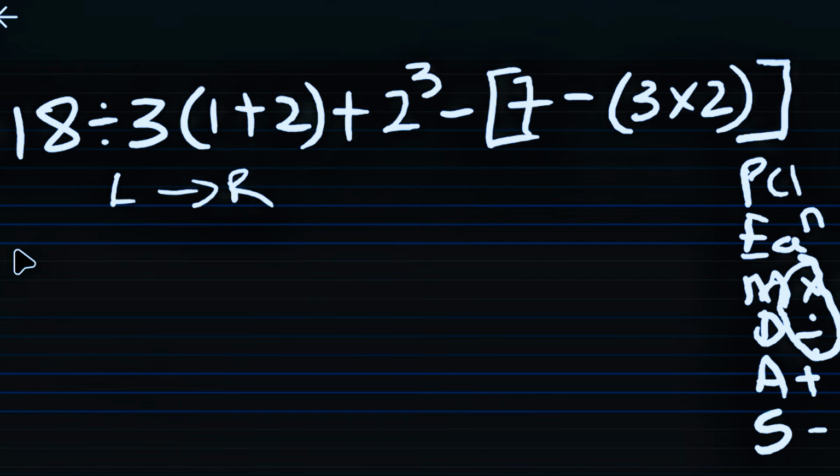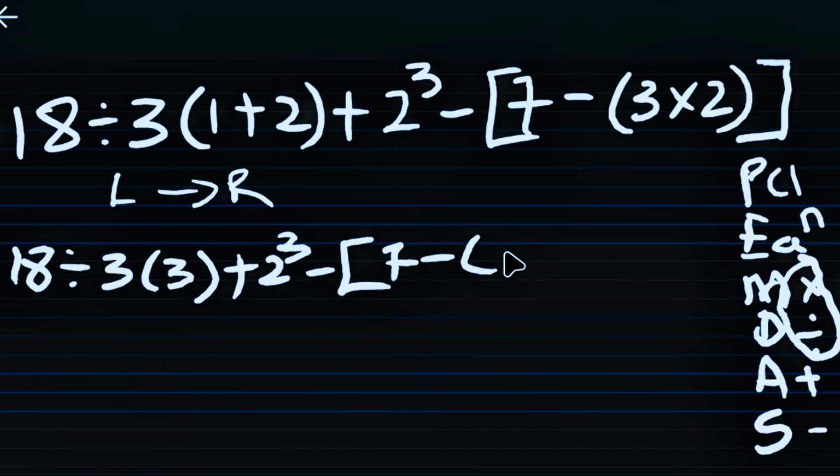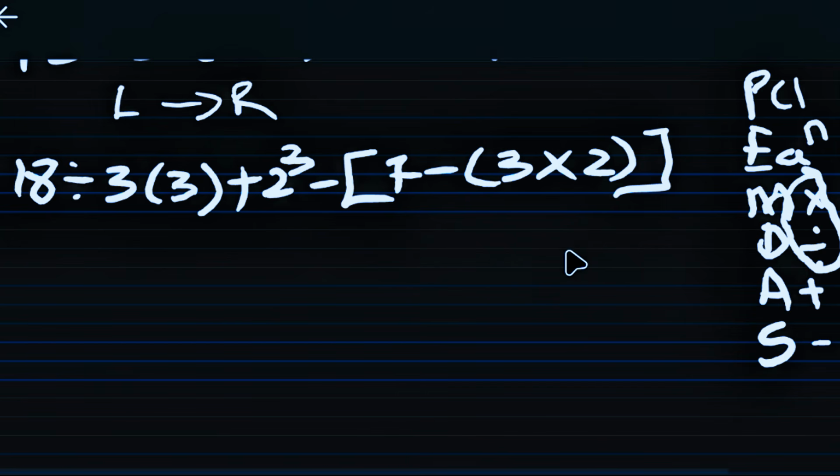So we have 18 divided by 3, then in parentheses we have 1 plus 2, and that is 3, plus 2 cube, minus, open square bracket, 7 minus, in parentheses 3 multiplied by 2, then we'll close the square bracket. Next is for us to attend to these parentheses here.